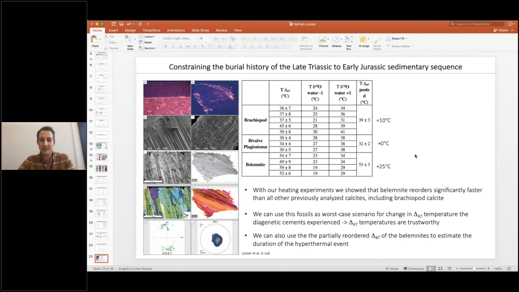That means if we see for brachiopod calcites and this Plagiostoma, which are more similar to abiotic calcites than belemnites, then we see that the delta 47 temperatures of the diagenetic phases are actually trustworthy. And in a second step, we can then use the partially reordered delta 47 temperature of the belemnites to estimate the duration of these hyperthermal events.